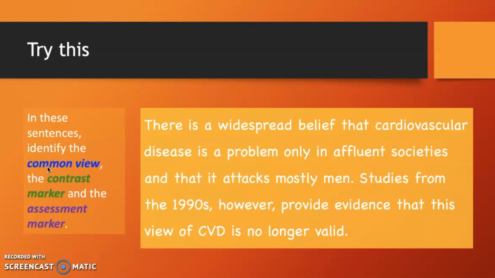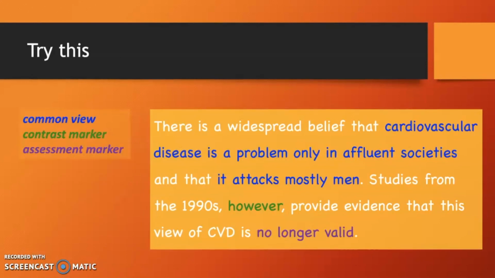So in these sentences, let's identify the common view, the contrast marker, and the assessment marker. Push pause on the video and see if you can identify those three things. Here are the answers.